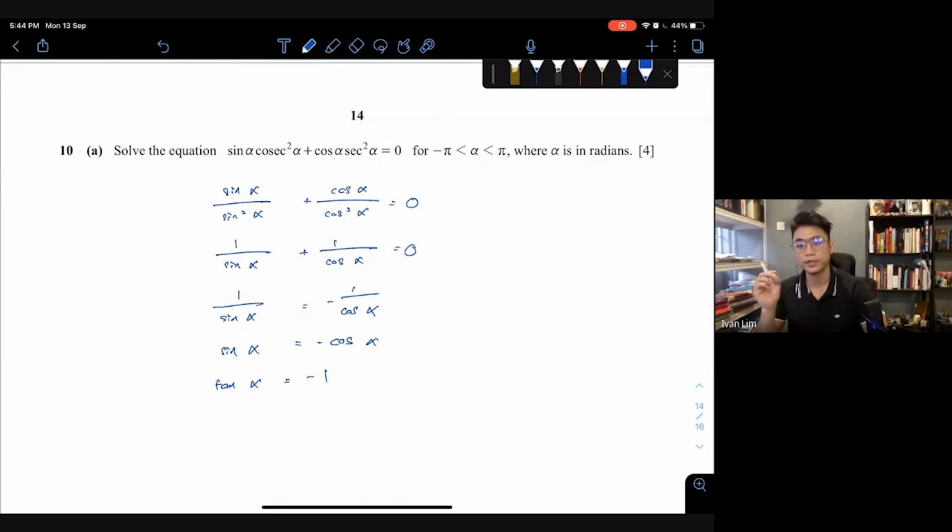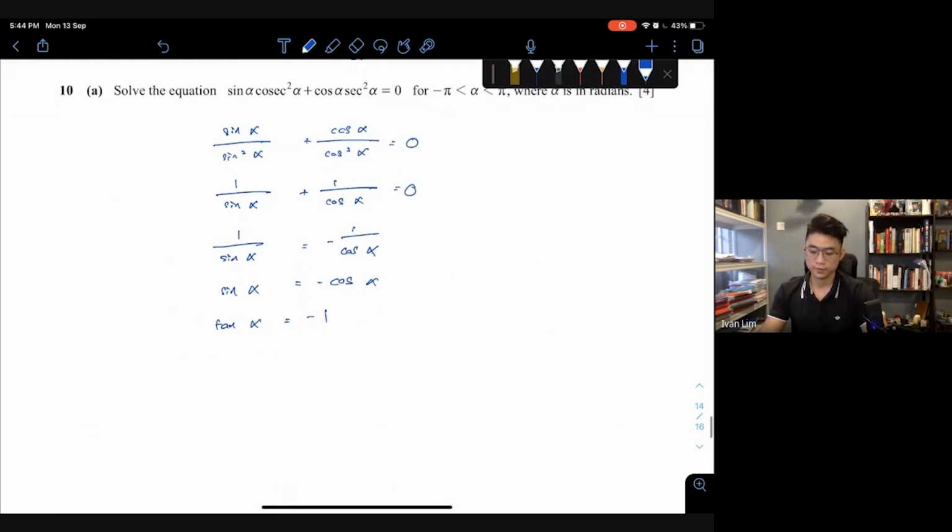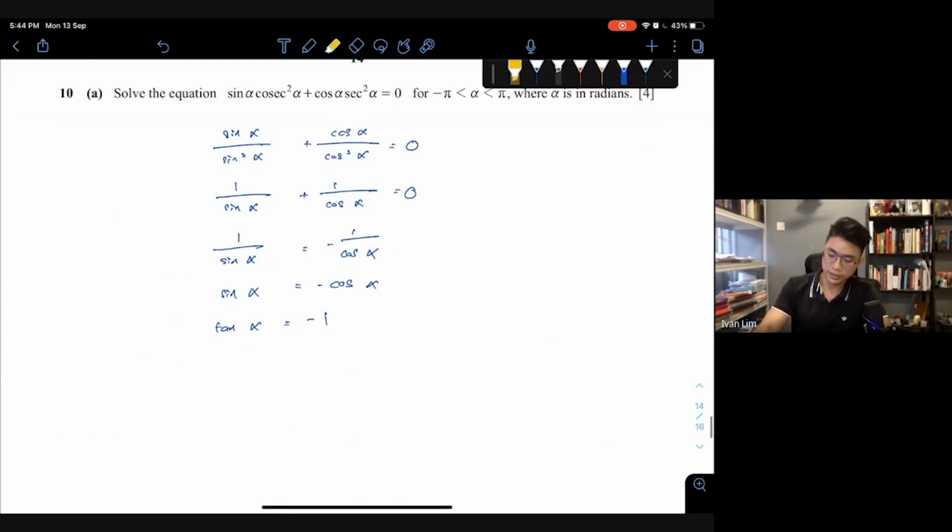Okay, so you got to remember, when you want to solve for trigo, when you see sine and cos, most likely what you want to simplify it to is tangent, because tangent is sine divided by cos. All right. Then look at the range above. Hold on.